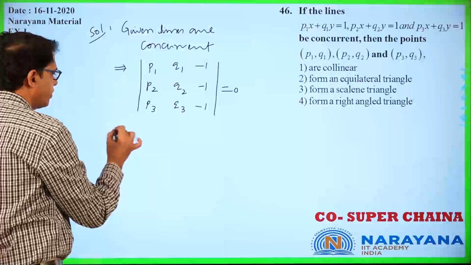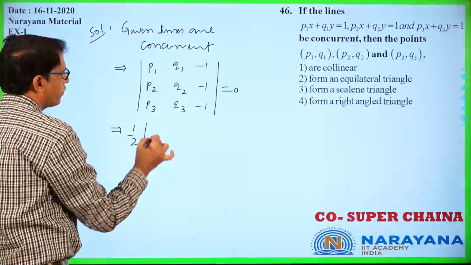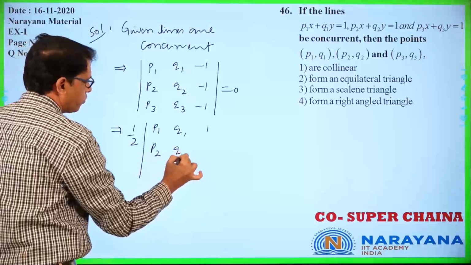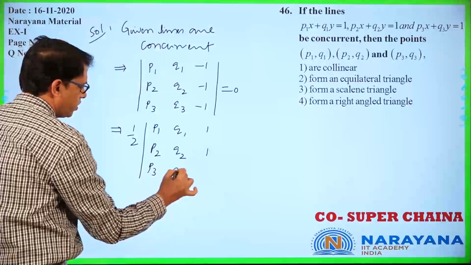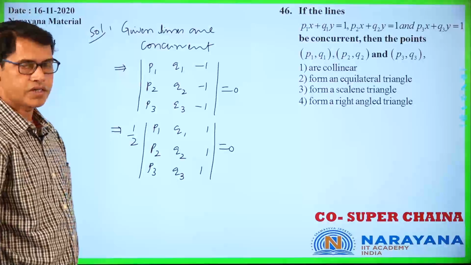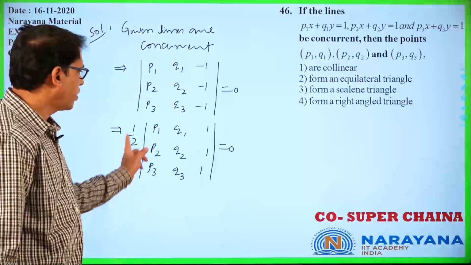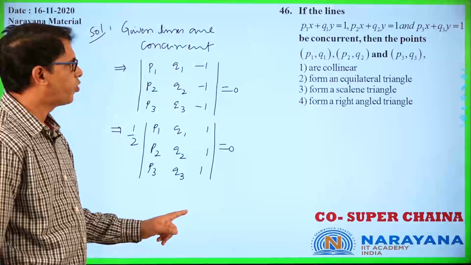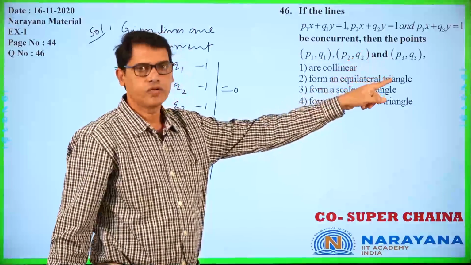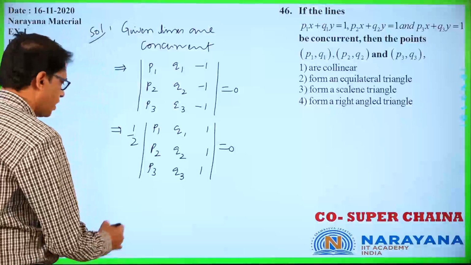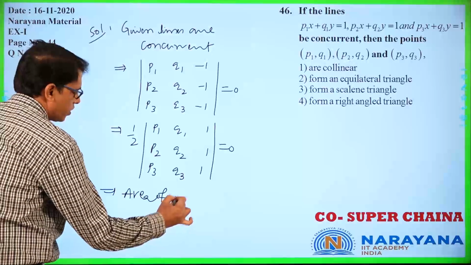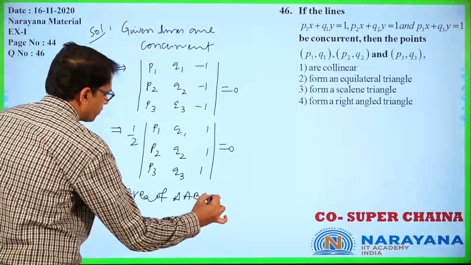I can write this as a half of the determinant p1 q1 1, p2 q2 1, p3 q3 1 equals 0. It is nothing but the area of the triangle formed by the points p1 q1, p2 q2, p3 q3. So this implies the area of triangle ABC equals 0.